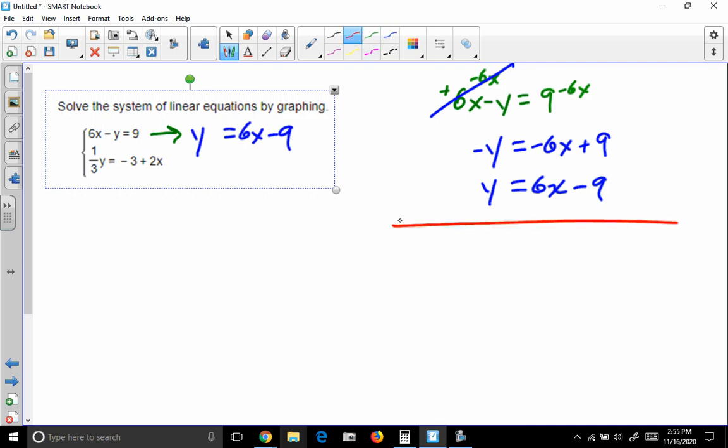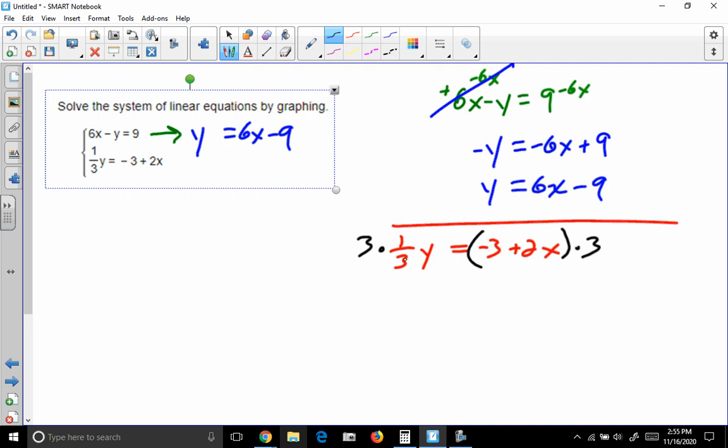Now let's look at the bottom equation. We want to do a couple things here. When we solved equations that had fractions in them, one thing we wanted to do is clear fractions. Notice in order to get y by itself, we need to get rid of this 1/3. So we could either divide both sides by 1/3, or we could multiply both sides by 3.